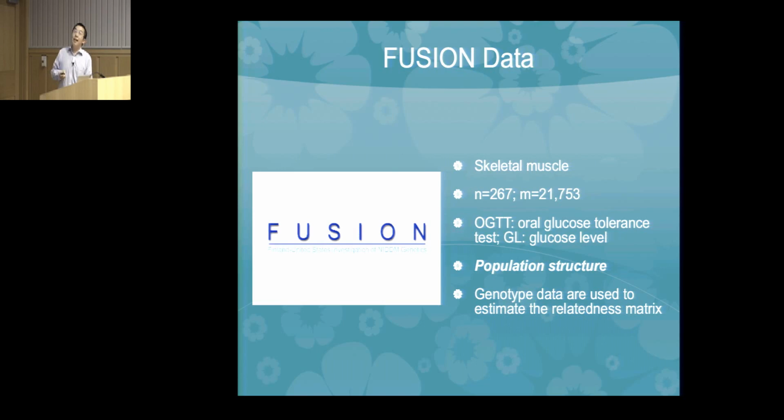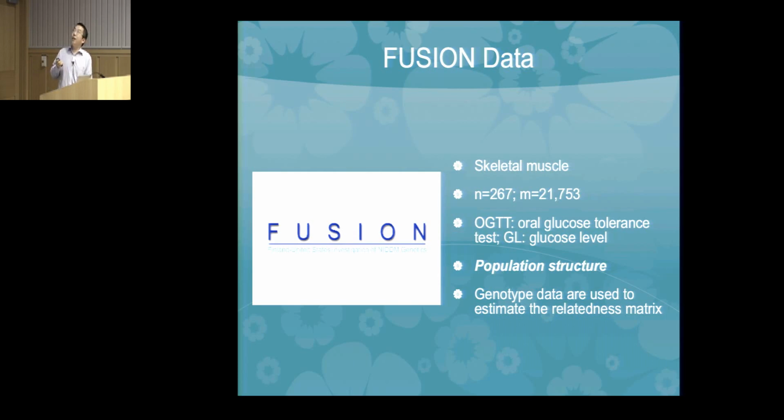In this data, we primarily focus on 2 variables of particular interest. The first one is the OGTT, or oral glucose tolerance test. This is essentially an indicator of whether the individual has type 2 diabetes or not, so it is a binary indicator. Besides the type 2 diabetes status, we also look at the glucose level, which is a continuous trait.